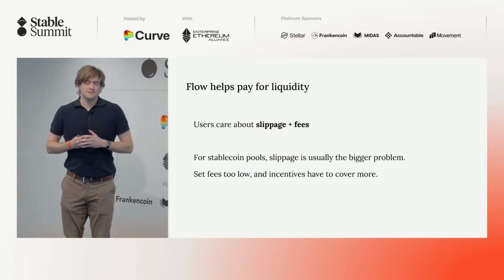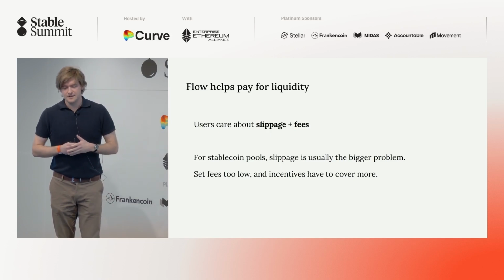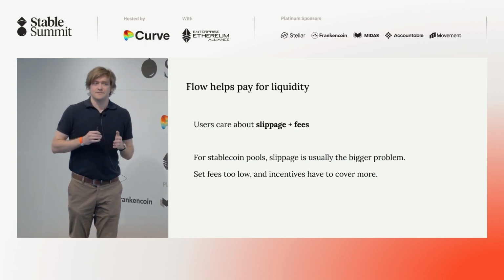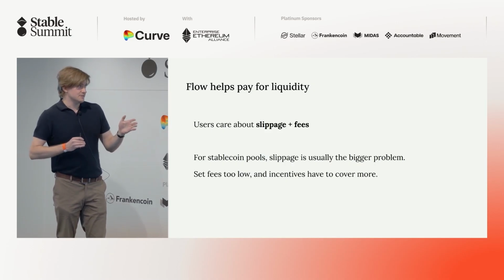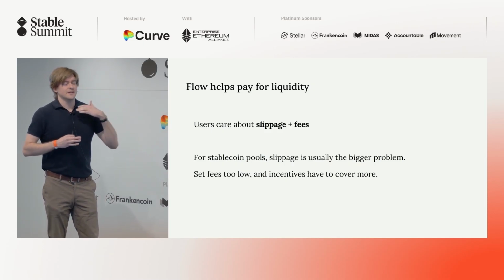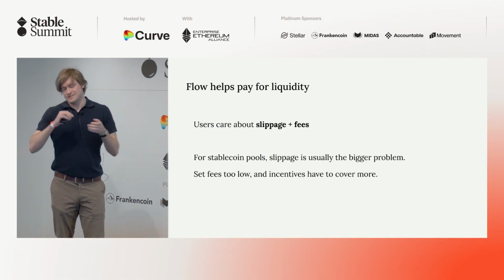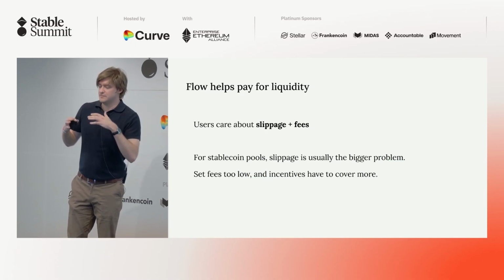So then you have to attract more liquidity to lower slippage. So I don't recommend setting very low fees. Low fees are usually not the problem, it's slippage. For that, you need liquidity and depth, and you can subsidize that by having fees slightly higher. It's something you need to balance when modeling this.